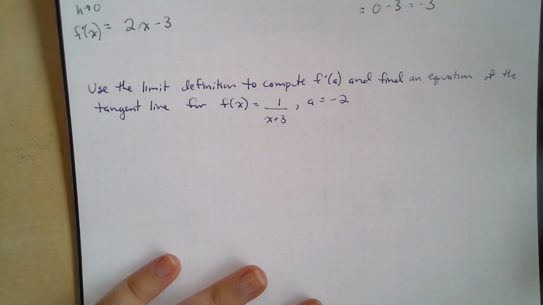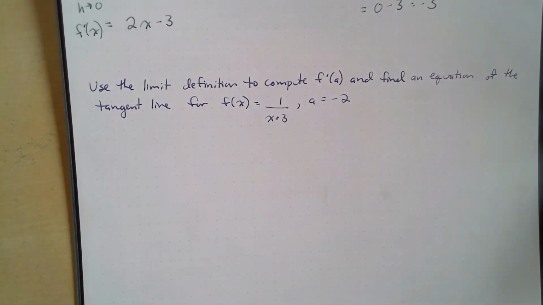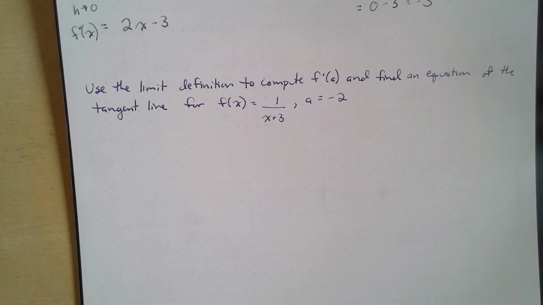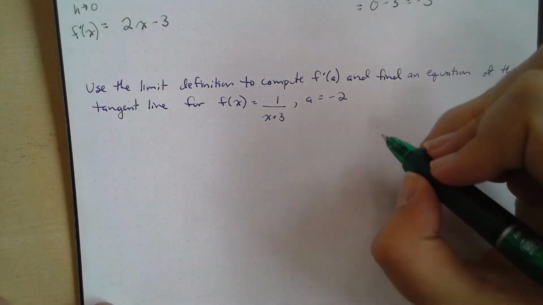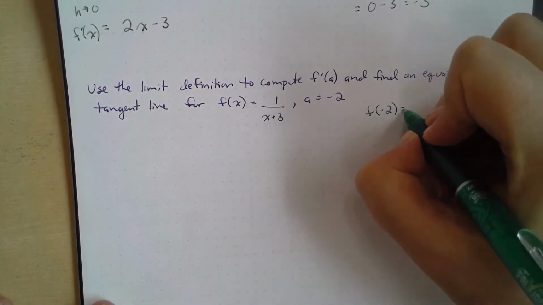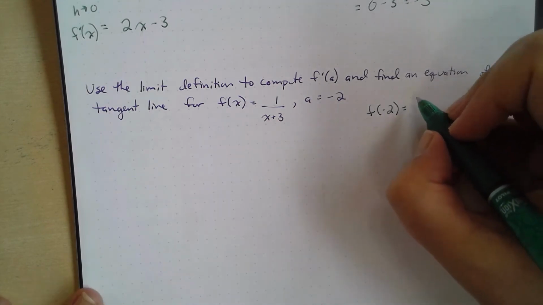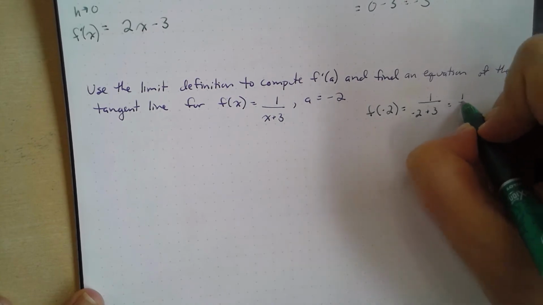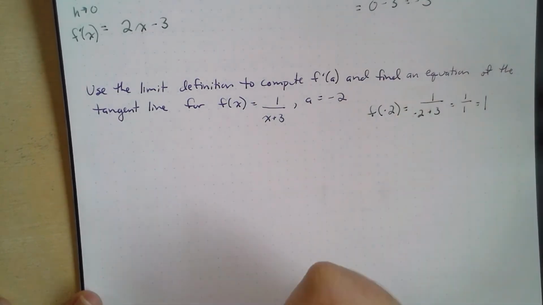Use the limit definition to compute f prime of a and find an equation of the tangent line for f of x equals 1 over x plus 3 when a is negative 2. Well, the first thing we need is f of, oh, ignore all of that. We need f of negative 2. Well, f of negative 2 is going to be equal to 1 over negative 2 plus 3, which is 1 over 1, which is just 1.